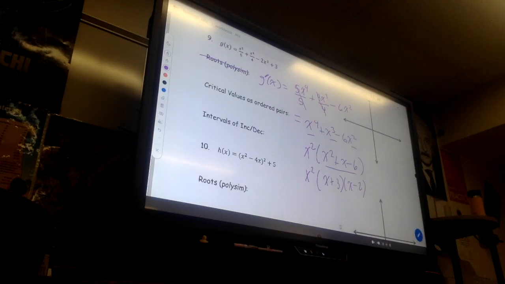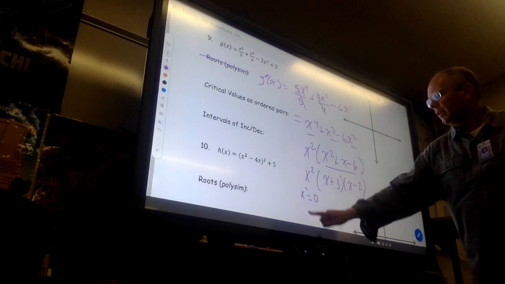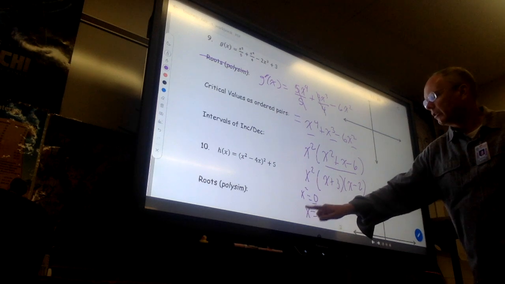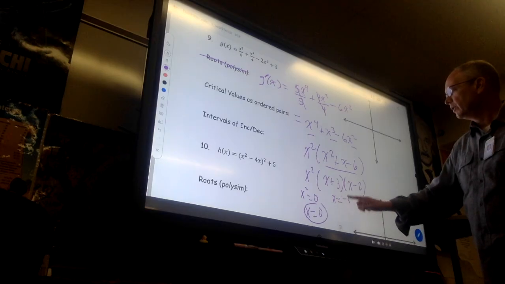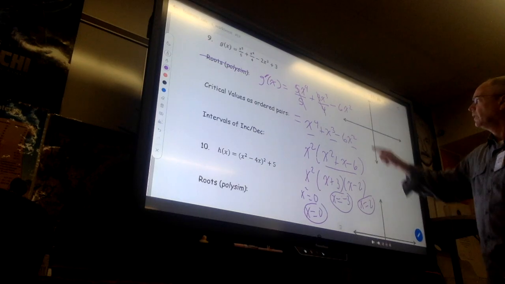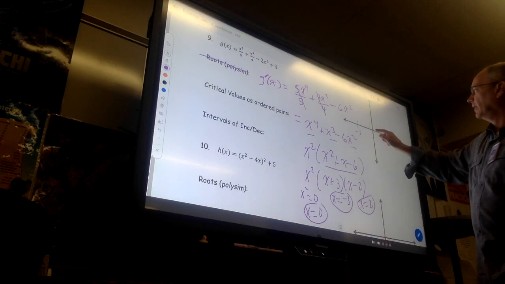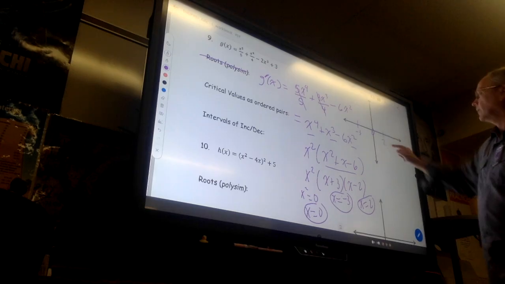So that's our derivative factored out, which means if I do x squared equals 0, that means x equals 0. x plus 3 equals 0 gives x equals negative 3, and x equals 2. So I have negative 3 here, 0 here, 2 here.